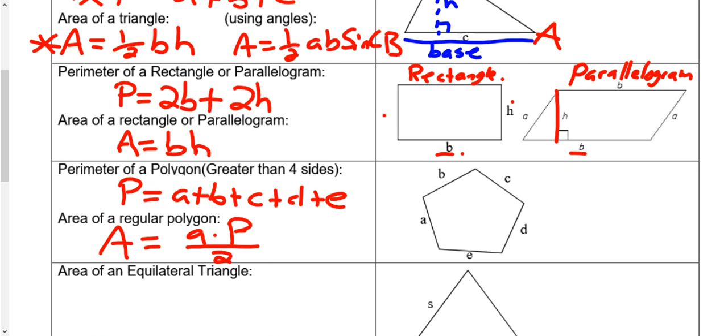That is the distance from the center of the figure vertically down where it makes a right angle. That's your P. Sometimes you may have to find that distance, but hopefully a lot of times they're going to give that to you. Whatever that distance is, times the length of one of the sides divided by 2 will give you the area.